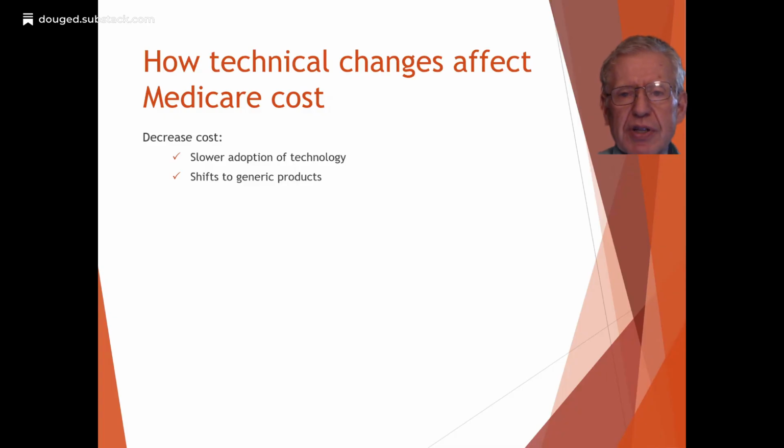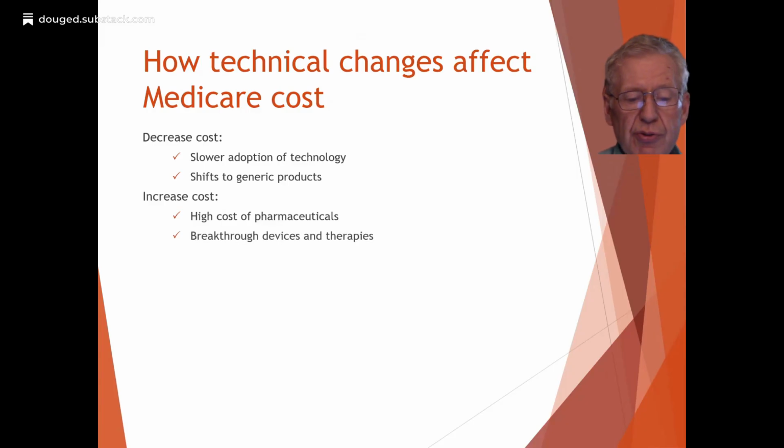They can be replaced by generic products at lower prices. Increasing costs, we see higher costs of pharmaceuticals, particularly for new products. We see breakthrough devices and therapies, and of course, particularly with the notion of recovering investment costs, those tend to have very high initial costs.